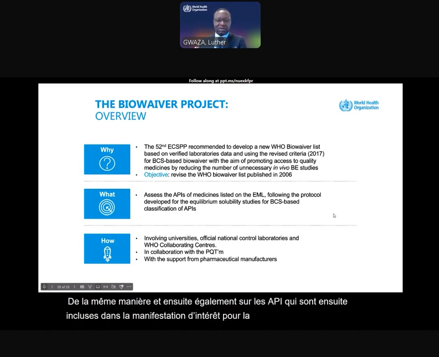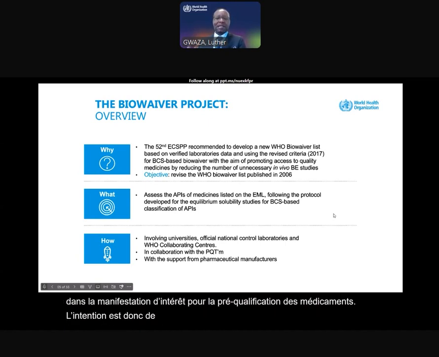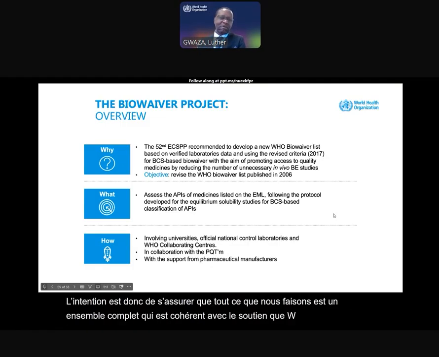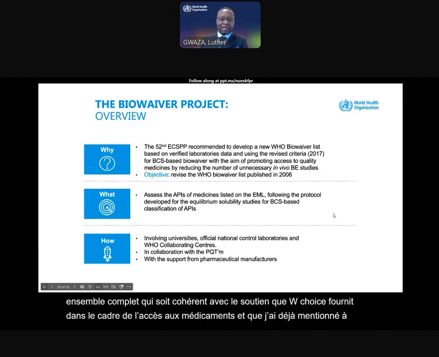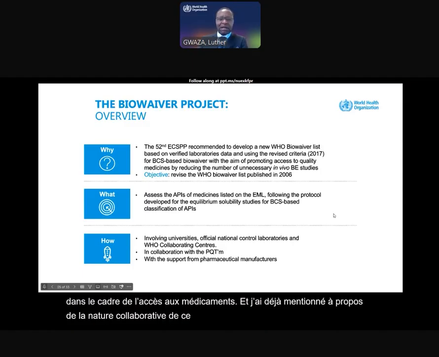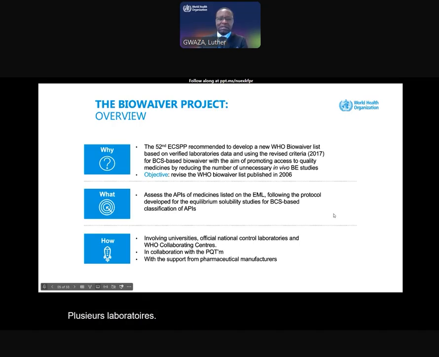So the intention is to make sure that whatever we are doing is a complete package that is consistent with the support that WHO is providing within the context of access to medicines. And I've already mentioned the collaborative nature of this work, that it includes several labs coming from universities, national quality control labs, WHO collaborating centers.